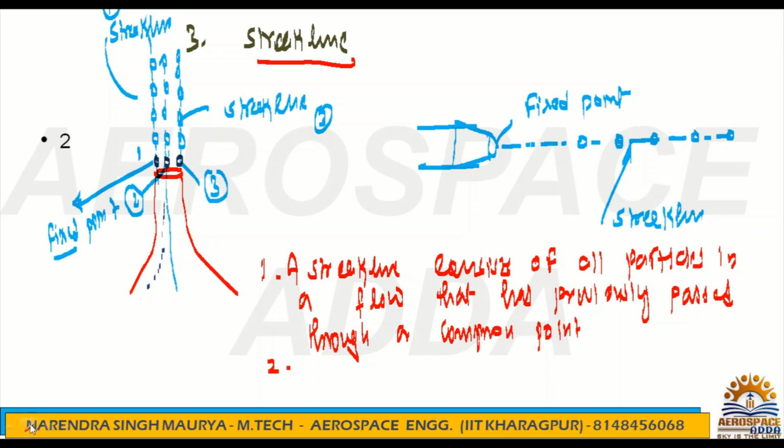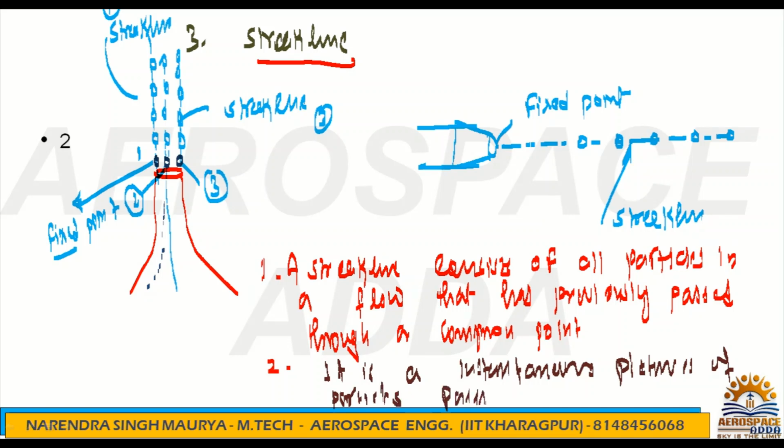The second point is that it is an instantaneous picture of particles passing through a fixed point. And what is the important point?